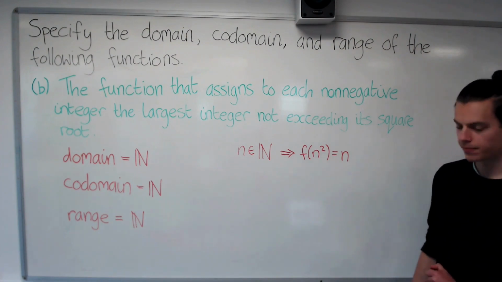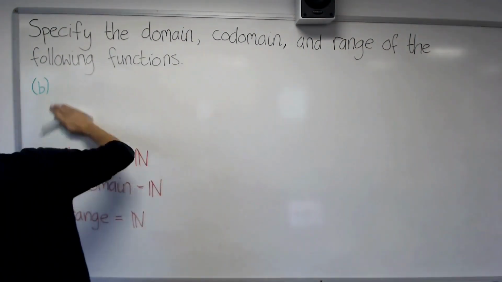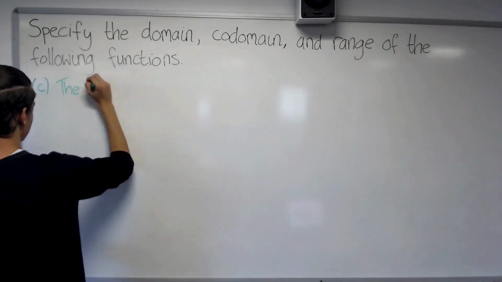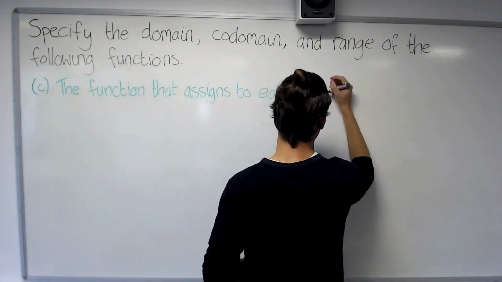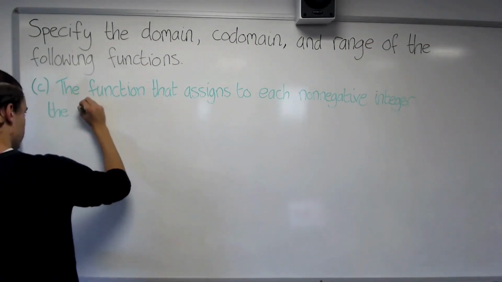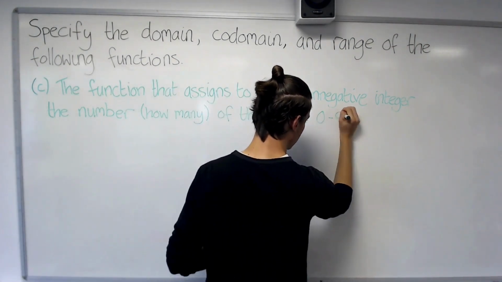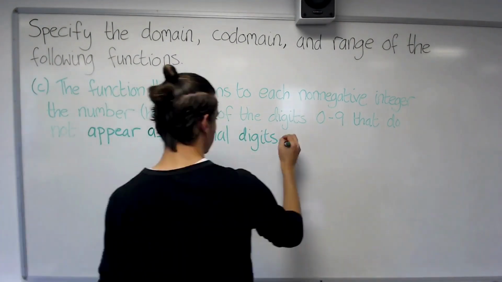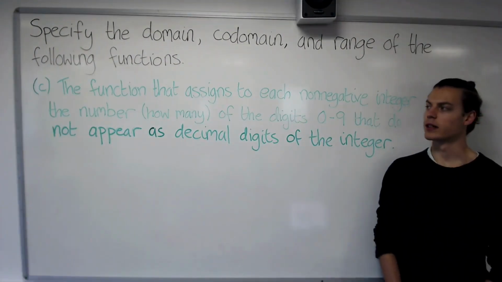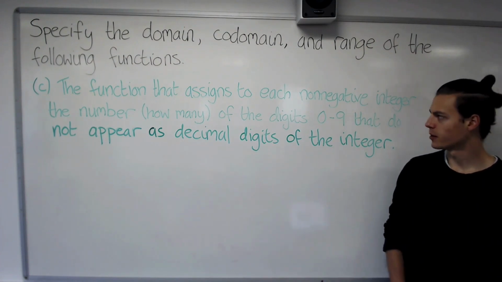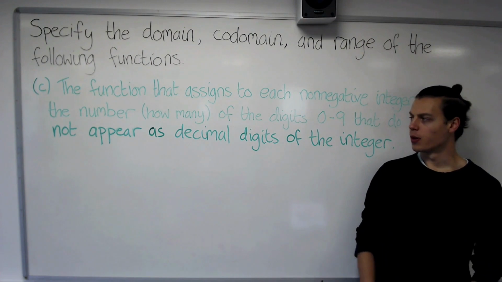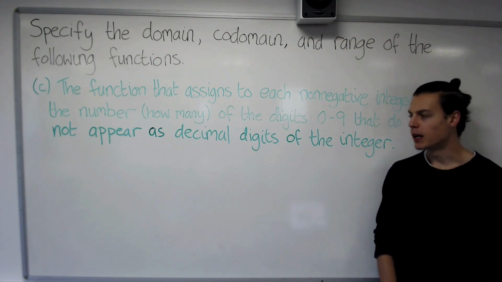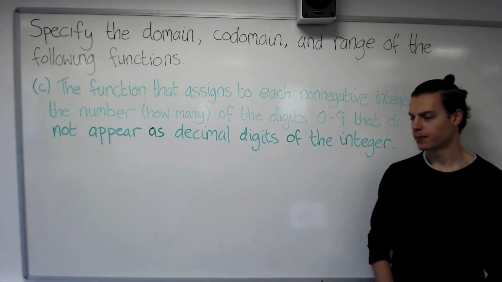Let's have a look at another function. Our third function assigns to each non-negative integer the number of digits between 0 and 9 that do not appear as decimal digits of the integer.